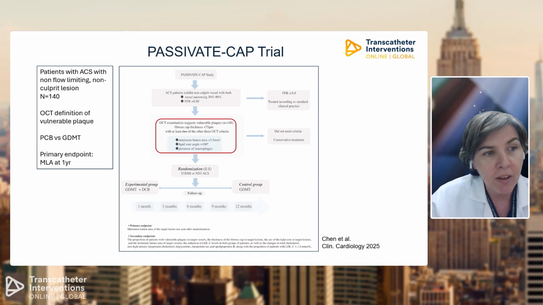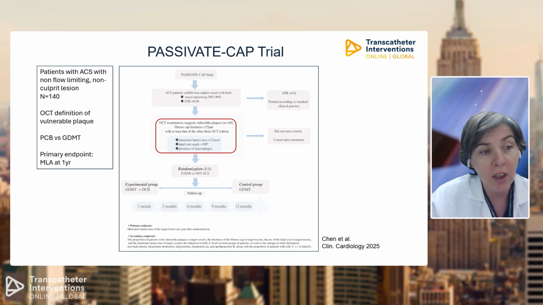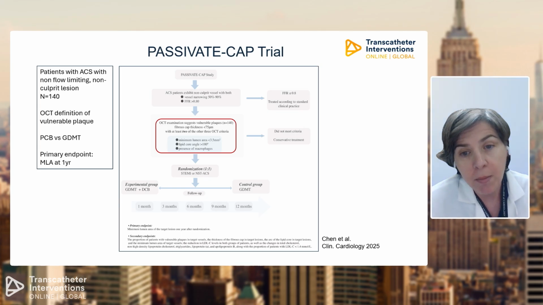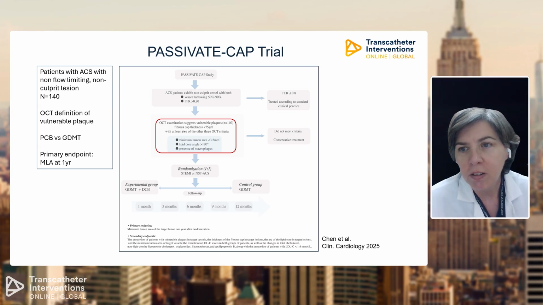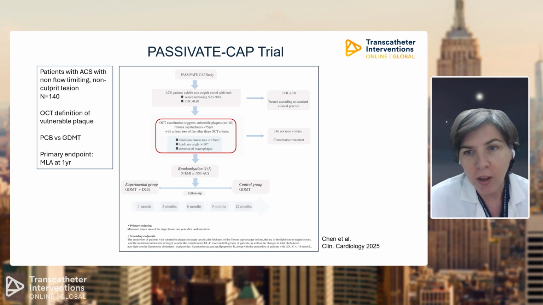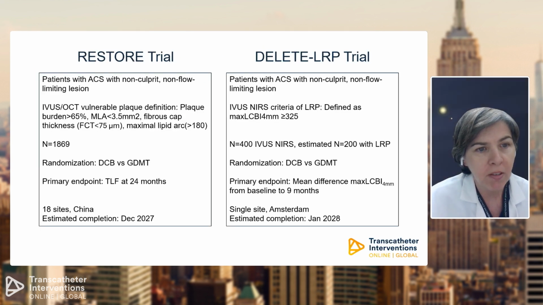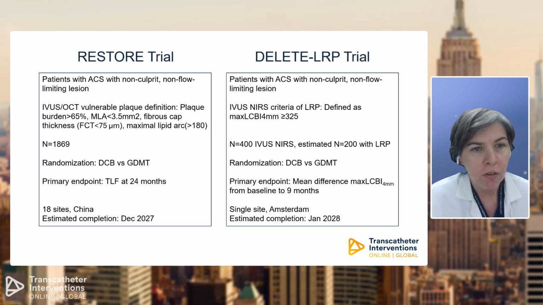If the patient was identified as having a vulnerable plaque, they were then randomized to paclitaxel versus medical therapy. And the primary endpoint for this trial, interestingly, is MLA at 1 year. And we can discuss some of this later in terms of imaging modalities and endpoints for some of these therapeutic trials. Two other trials to watch out for.